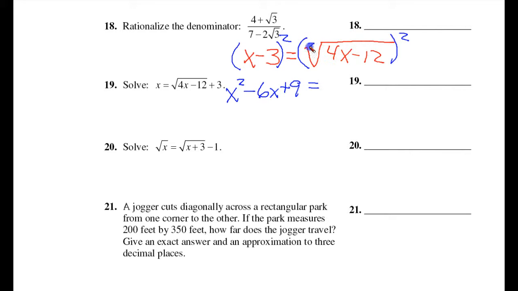And since this is a 2 here, and this is a 2, whenever we raise a radical to the power of the index number, then it just becomes our radicand.